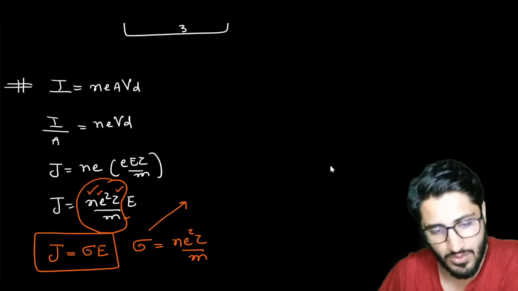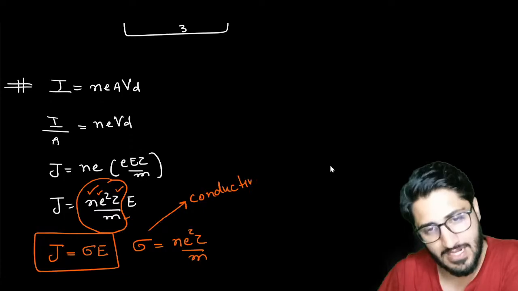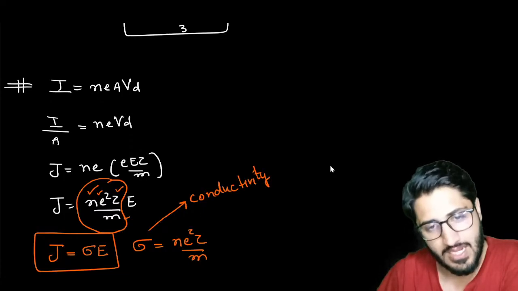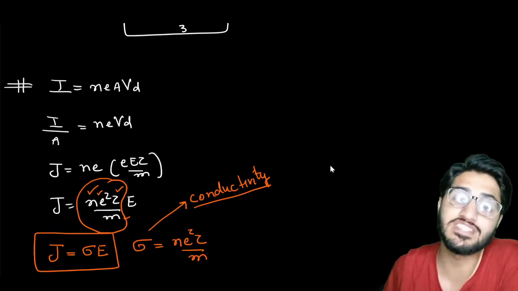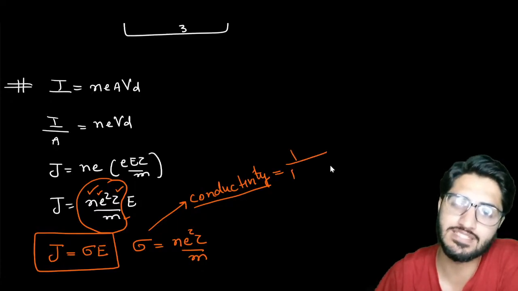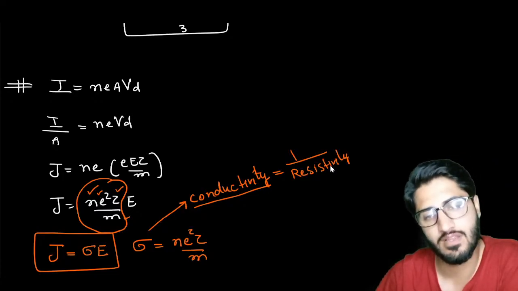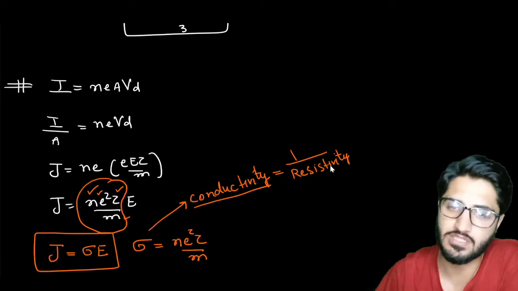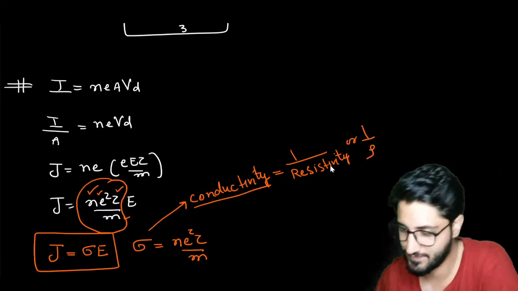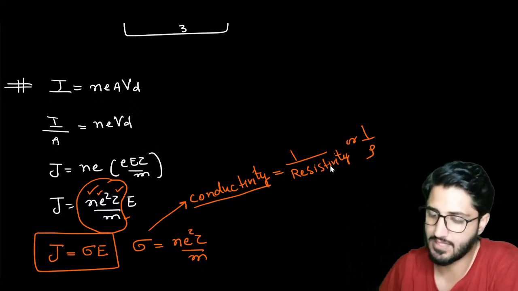This sigma is known as conductivity. Conductivity is the opposite of resistivity. Conductivity is equal to 1 divided by resistivity, and resistivity is 1 by sigma, that is rho.